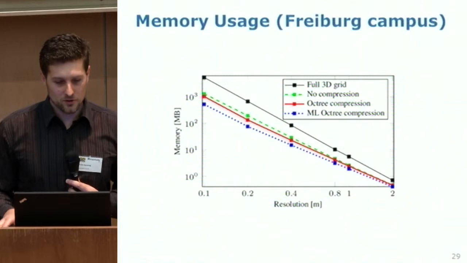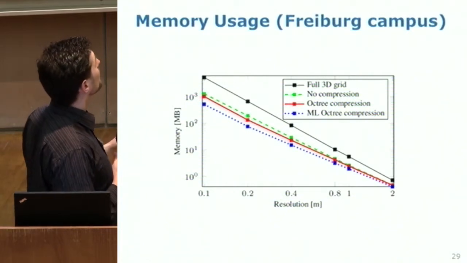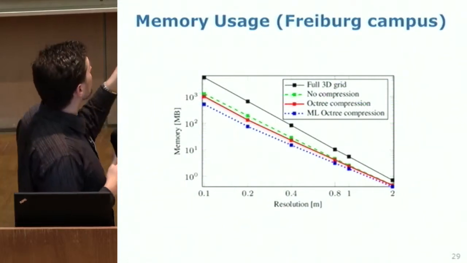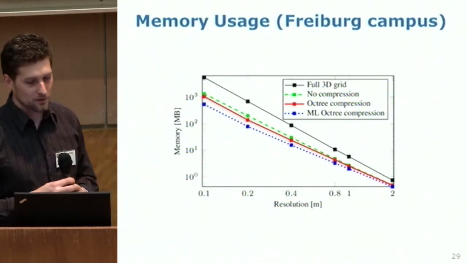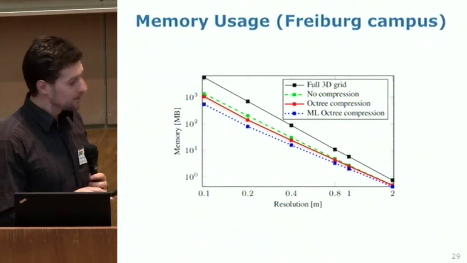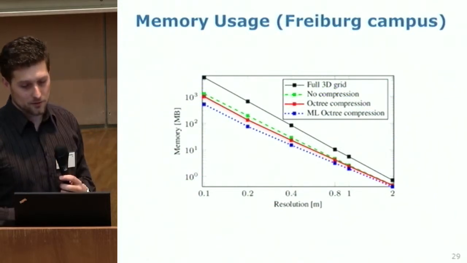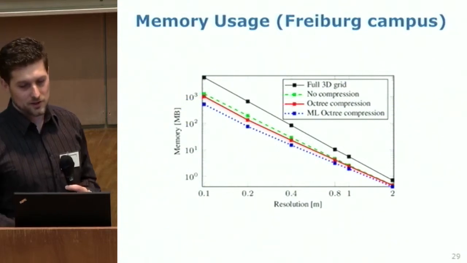The memory usage for several resolutions, you see here for the Freiburg campus. This is a log axis, so we still have an exponential dependency on the memory. We can't really change that, but we can change the order of magnitude. What you see over here is the 3D grid at 10 centimeter resolution. It will be 5 gigabytes in memory.